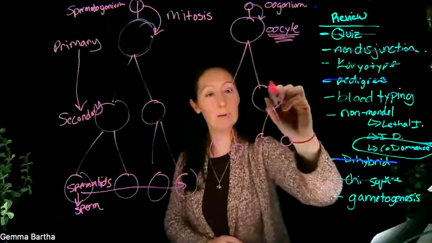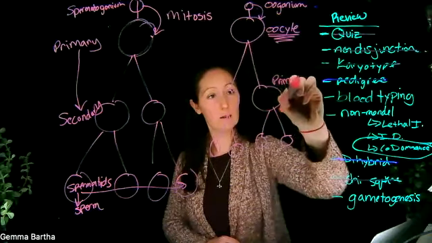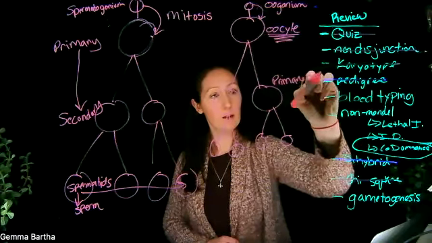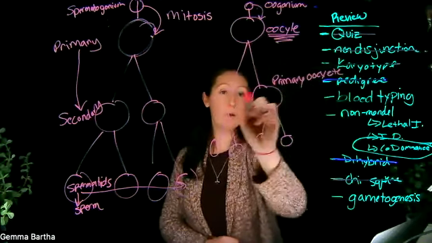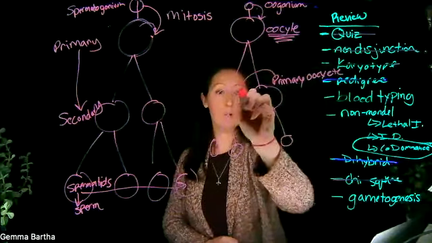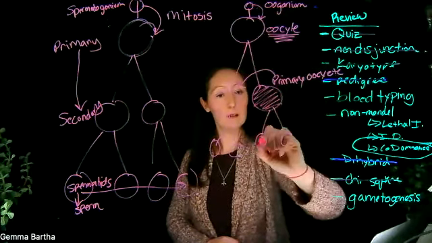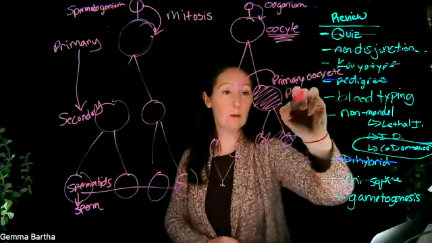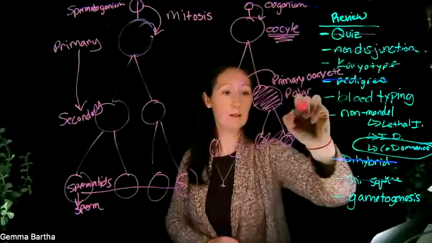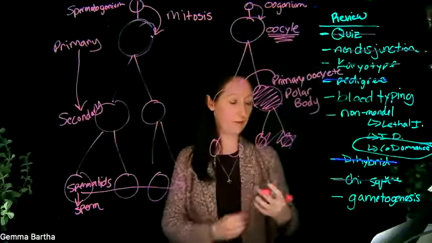But you have your primary oocyte here. Now, with this one, you only have one. This here would not exist. This is called your polar body. That dissolves.